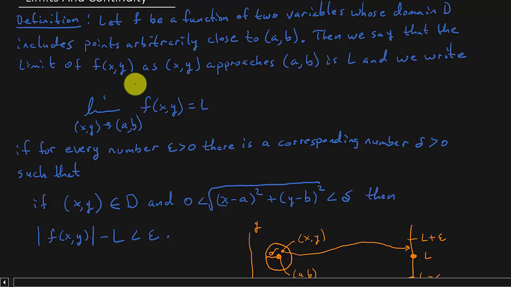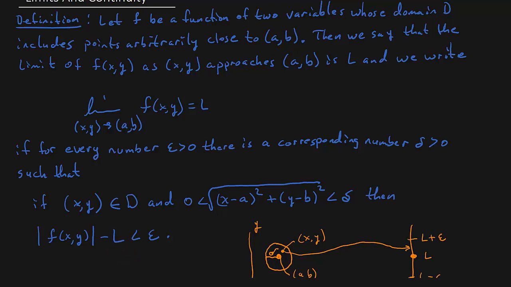Then we say that the limit of f of (x, y) as (x, y) approaches (a, b) is L. We write this if for every number epsilon there is a corresponding number delta greater than 0, such that if (x, y) is in the domain and this is between 0 and delta, then the absolute value of f of (x, y) minus L is less than epsilon.